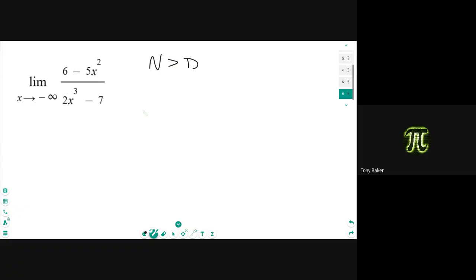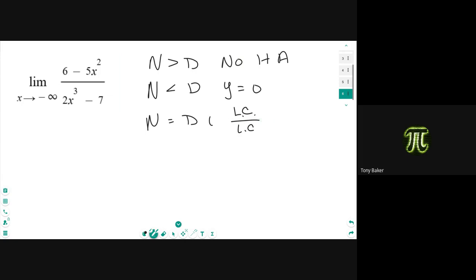Numerator greater than the denominator, there is no horizontal asymptote. Numerator less than the denominator, it is y equals 0. If the numerator equals the denominator, it was the leading coefficient over the leading coefficient.